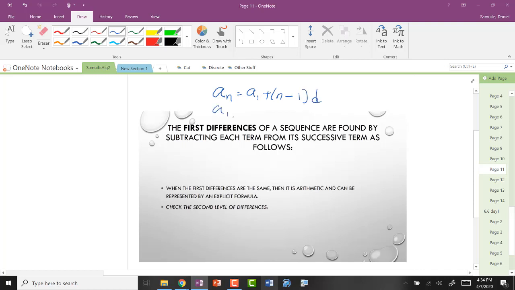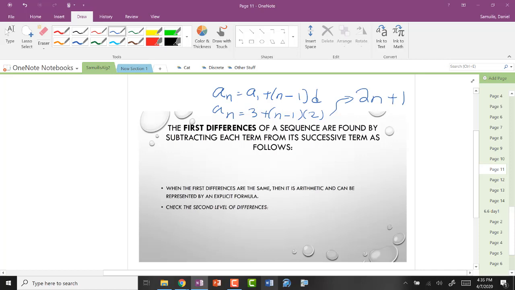I'm just making up something: 3 plus the number of terms minus 1 times a common difference of 2. When you distribute that, you get something that looks like a linear function, 2n plus 1. That's the equation of a line, y equals mx plus b.